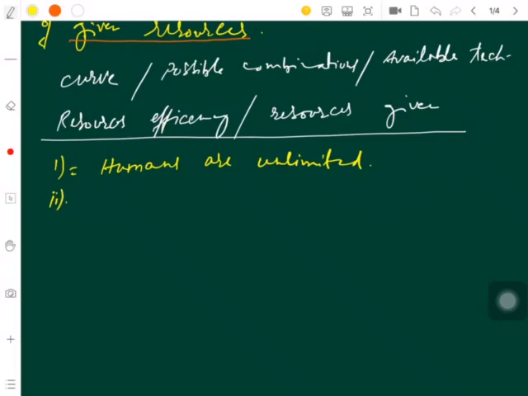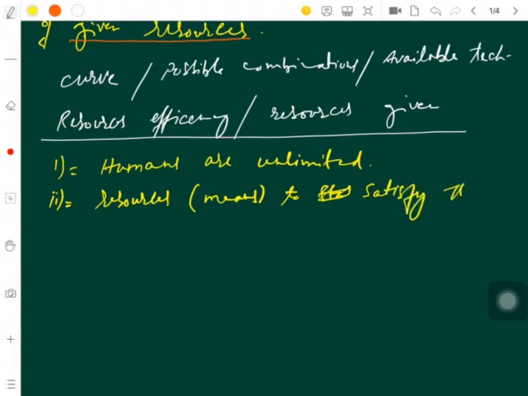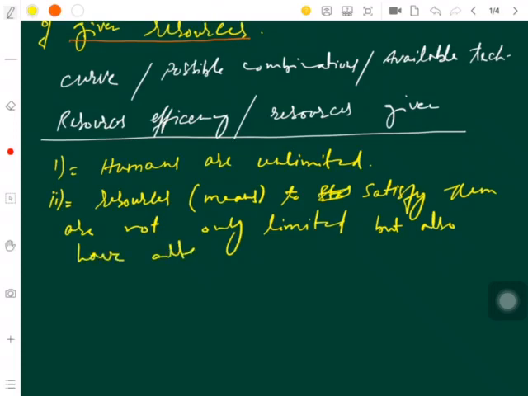Number second, resources or means to fulfill those wants are not only limited but also have alternative uses.